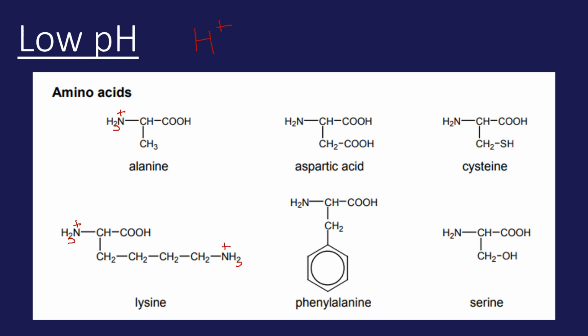Aspartic acid, NH3 plus. Cysteine, NH3 plus. Serine, NH3 plus. I am checking the side chains as well. I'm just that good at it that I'm not telling you. This one as well, NH3 plus. Job done. You're welcome. All finished.